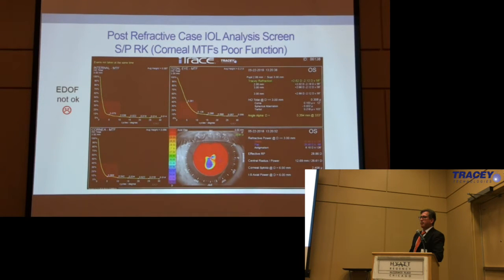What's key in these post-RK patients is that not only do they have high corneal aberrations, but their MTF curves drop significantly. So if you put in a lens that's going to affect contrast sensitivity, you're going to worsen their vision. You really need to steer clear. So in post-RK patients, I really don't want to ever put any type of multifocal lens. If somebody wants something, I'm usually going to use a toric lens or an accommodating lens, or just a traditional monofocal, depending on what their symptoms are.